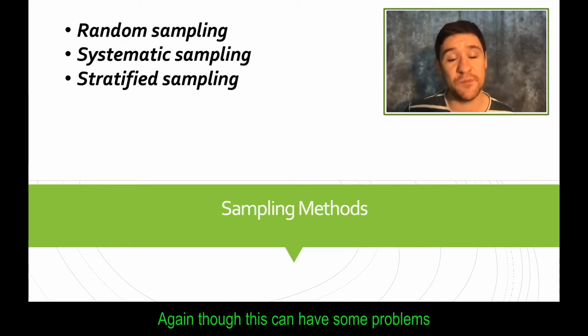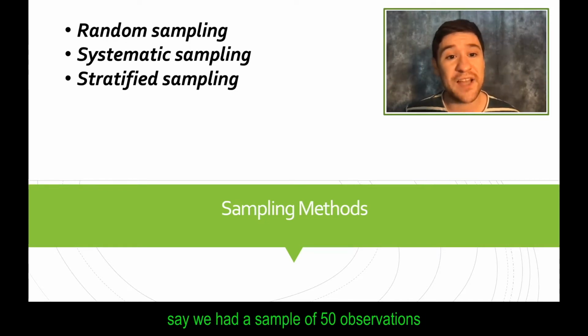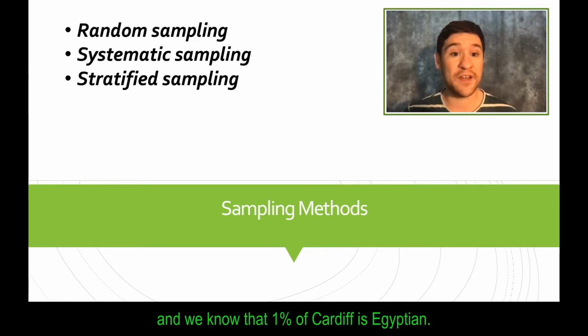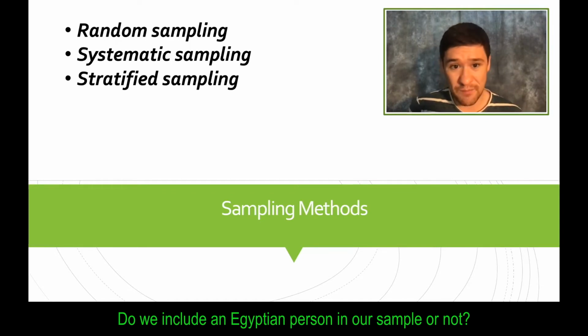Again though, this can have some problems. Say we had a sample of 50 observations and we know that 1% of Cardiff is Egyptian. Do we include an Egyptian person in our sample or not?